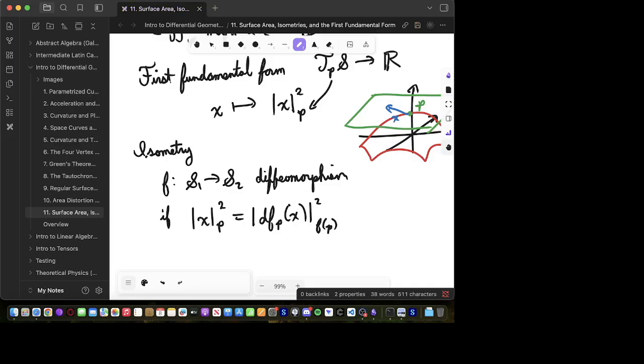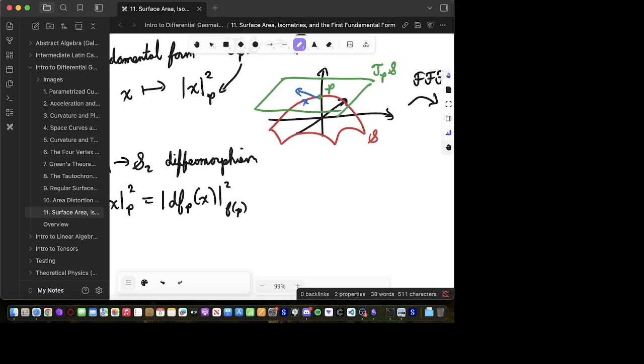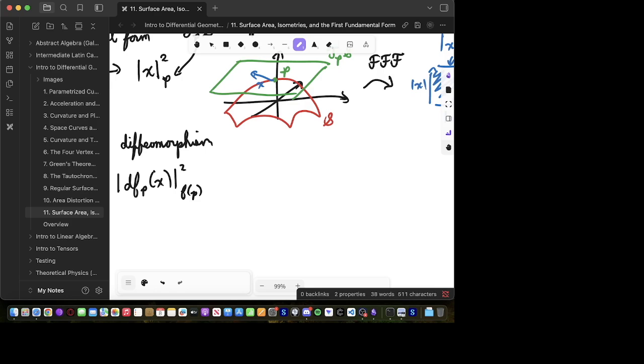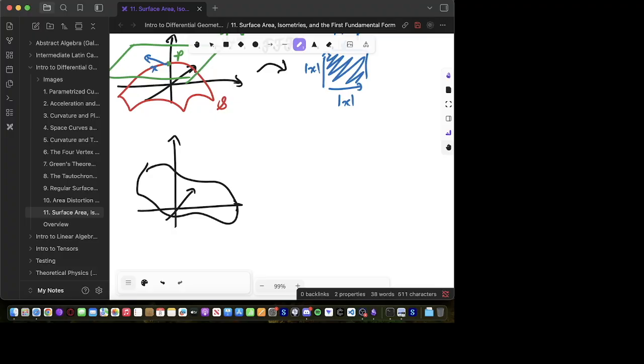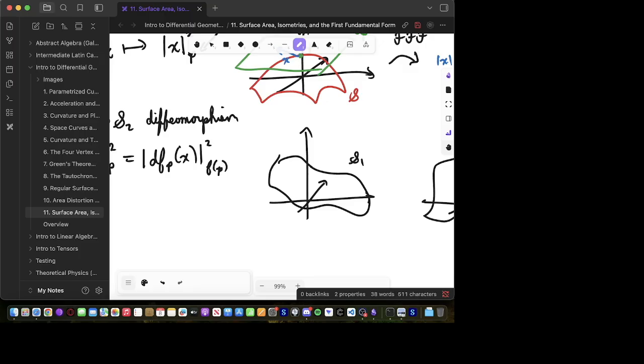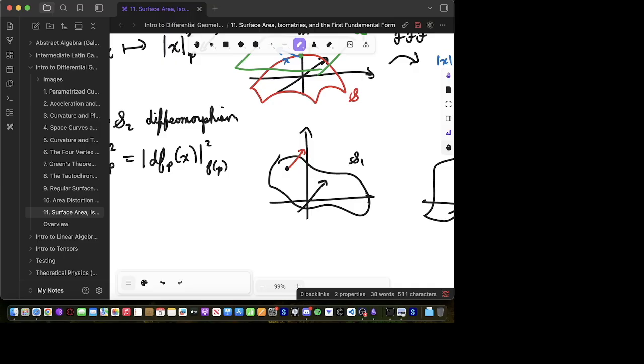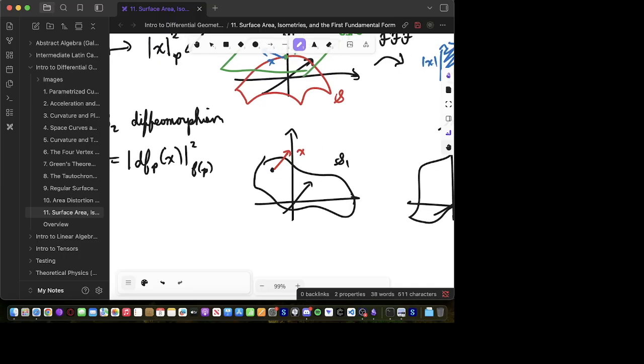What that sort of means is, let's draw this out. Let's say we have two surfaces S1 and S2, and there's a point P and a vector x.